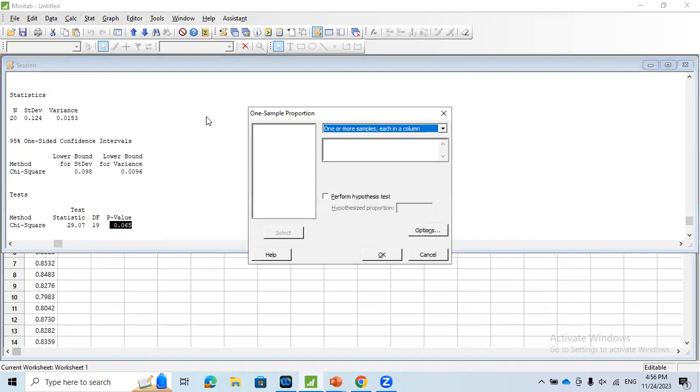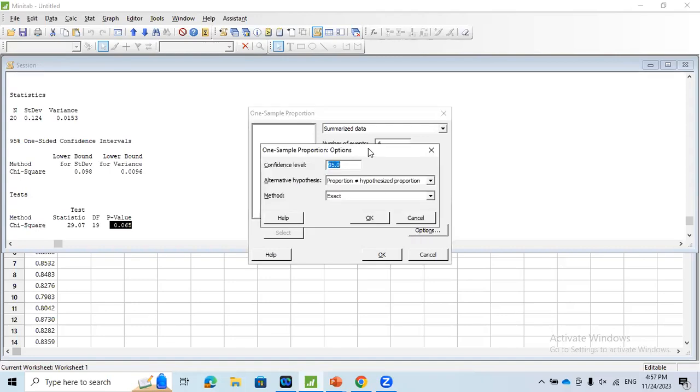For this case we use summarized data. The number of events means the number of defects, 4. The number of trials is the total number you sampled, 200. We would like to perform a hypothesis test where the hypothesized proportion is 0.05, that means H0 equals 0.05.